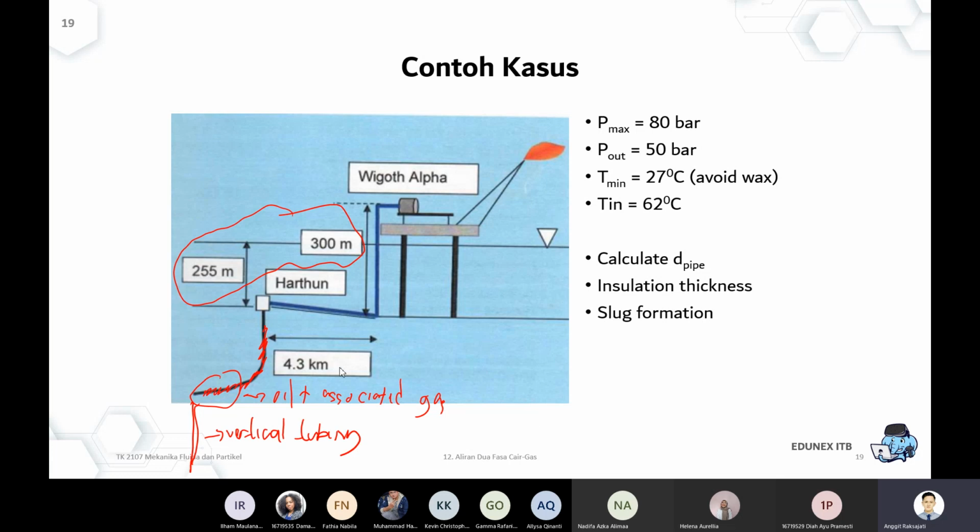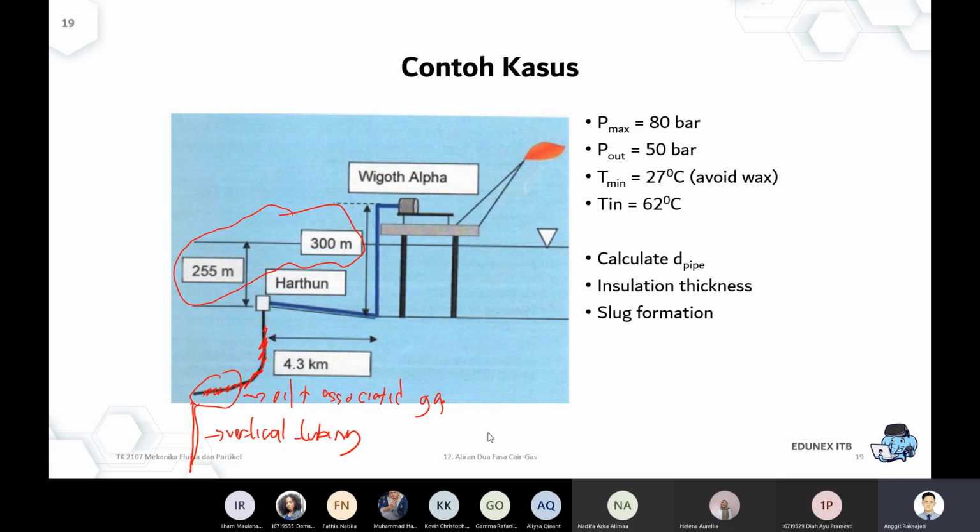A small bubble of liquid, which is heavier than gas, tends to concentrate at the bottom of the pipeline because of the higher density. The problem is that sometimes when we have a very long, steep riser, the gas will go upward more easily than the liquid.